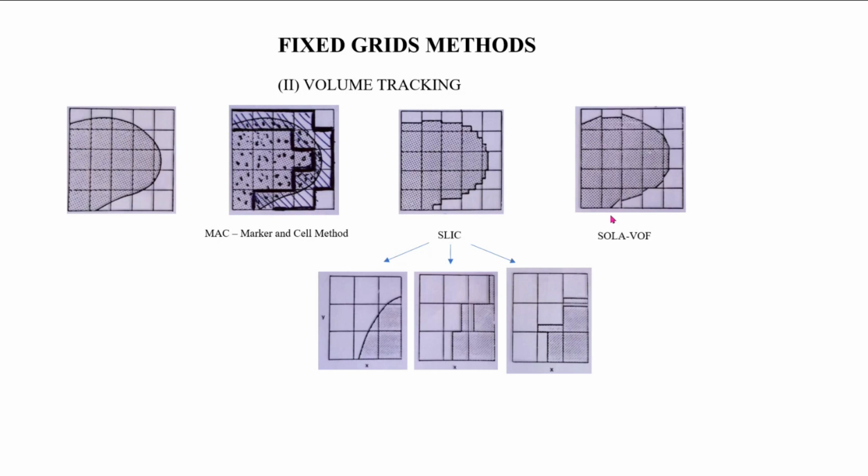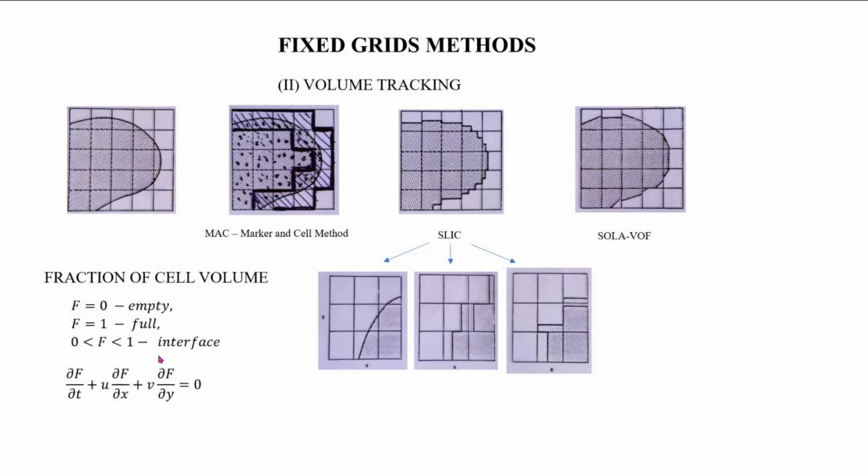Another way of reconstructing the interface is Solavov, which is the fraction of volume method. And here I create a quantity f, and f is 0 if my cell is empty, f is 1 if the cell is full, and f between 0 and 1 means I have a cell with the interface. And then I have a kind of simple equation describing propagation of the interface.